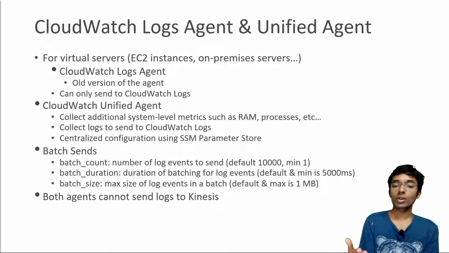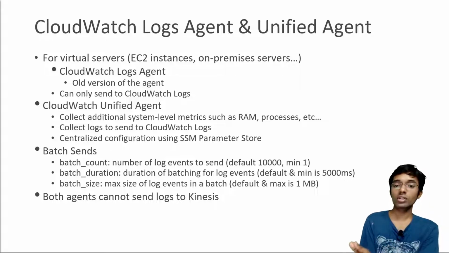And the CloudWatch unified agent is the new generation of agent. You can collect additional system-level information such as the RAM, the processors, etc. You can also send logs to CloudWatch Logs. So it's a better, unified version of the CloudWatch Logs agent.